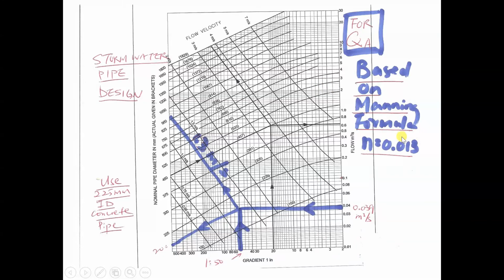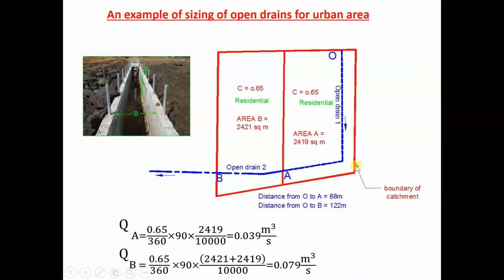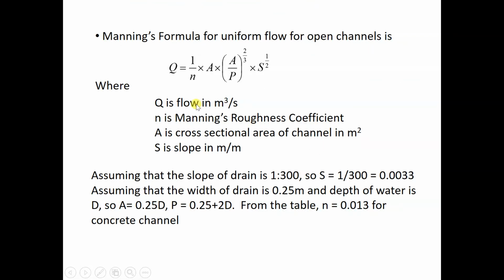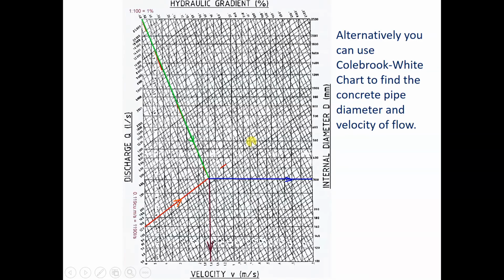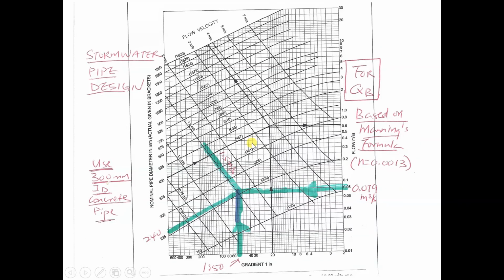Manning's formula, I think probably you learned in fluid mechanics or hydraulics. This is Manning's formula: Q equals 1 over N times A times (A divided by P) to the power of 2/3 times S to the power half. We use this to solve for the open channel, but this chart is derived from Manning's formula as well.